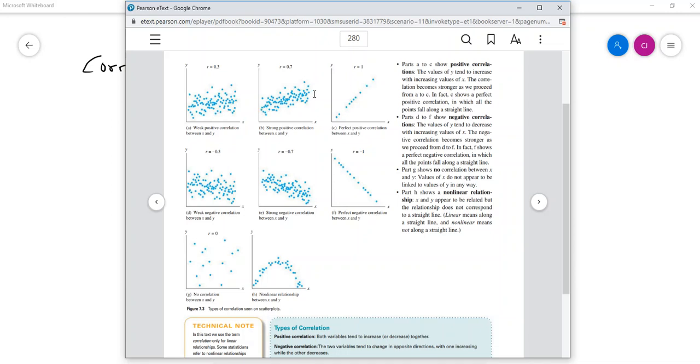Here's a 0.7 and a negative 0.7. Both have the exact same strength of relationship. Here's a positive one and a negative one. They both have the same strength of relationship: perfect positive, perfect negative. Here, there's no real relationship between the two variables, no linear relationship. Same with this right here.